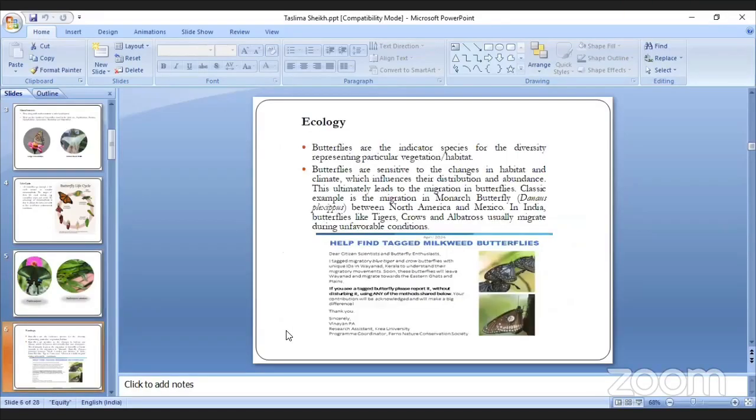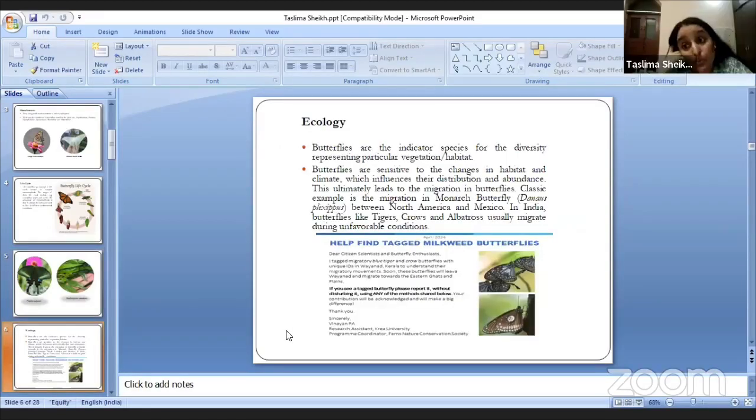I would like to talk regarding butterflies, which we all know are insects that are indicator species for diversity, representing a particular habitat. We also know that butterflies are very sensitive to climate change.